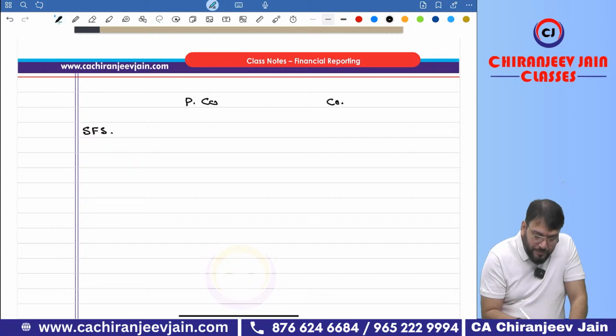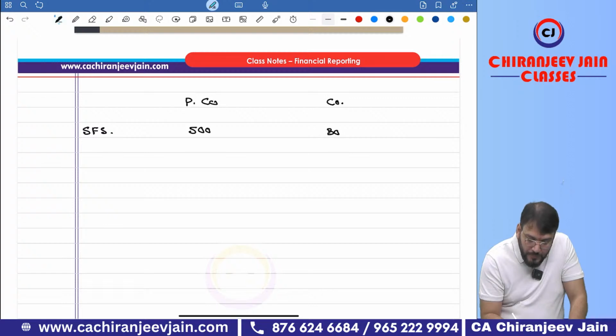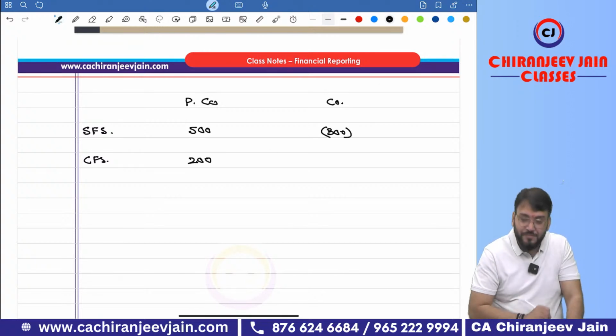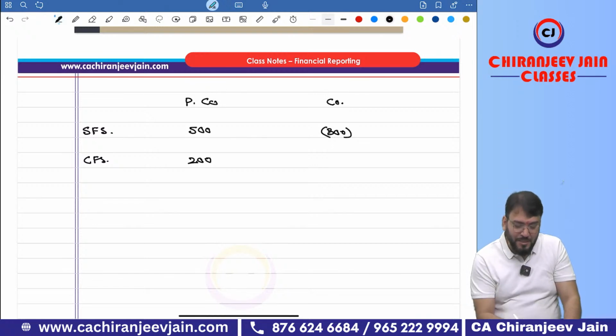Standalone financial statement is 500 crore, and for the subsidiary negative 300 crore. It means the CFS will be more or less 200, more or less 500 minus 300.